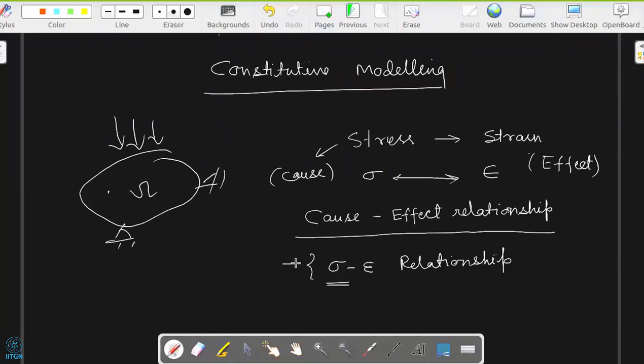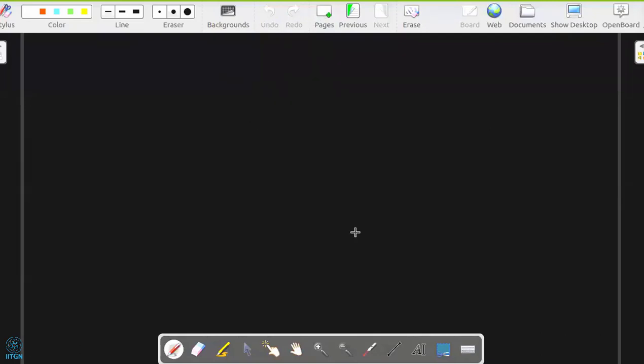So this relationship is known as constitutive modeling, the process by which we are establishing the cause-effect relationship for a deformable body is known as constitutive modeling. And as we know, the simpler one you have studied, that is Hooke's law.